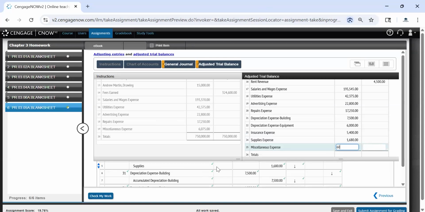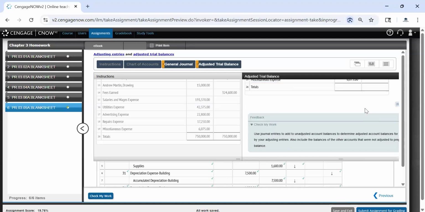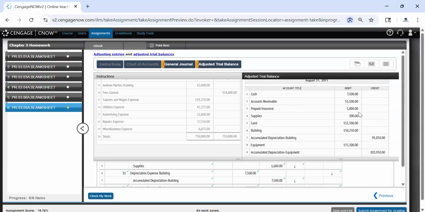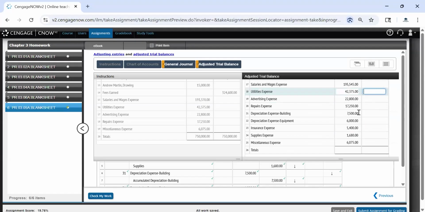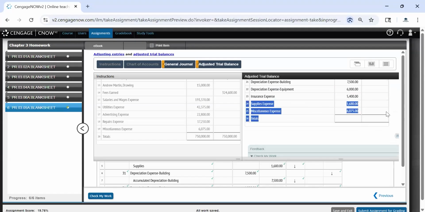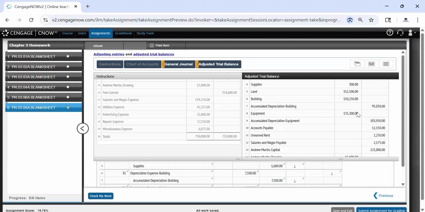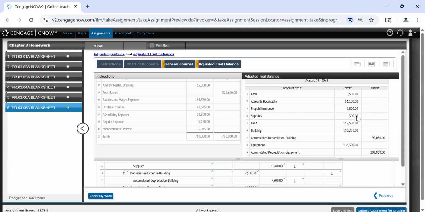So that was $6,075. Now, let's check our work just to make sure that these all add up, that our debits and our credits add up. So we have to total all of this. So now we will add up all of these amounts.